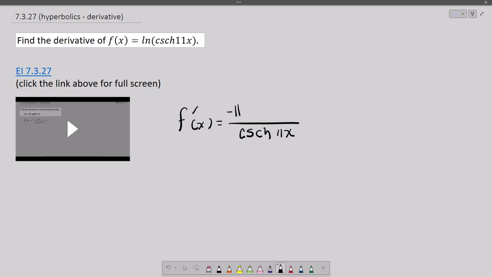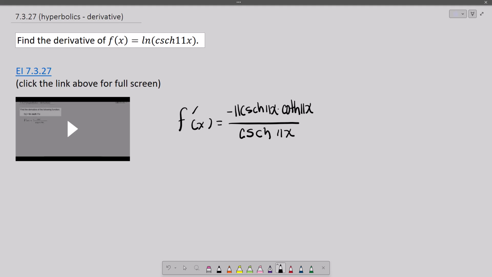And then we have to differentiate cosech. Cosech will differentiate just like cosecant. Derivative of cosecant is minus cosecant cotangent. So the derivative of cosech will be minus cosech cotanh. So minus cosech of 11x cotanh of 11x, and then multiplied by 11.